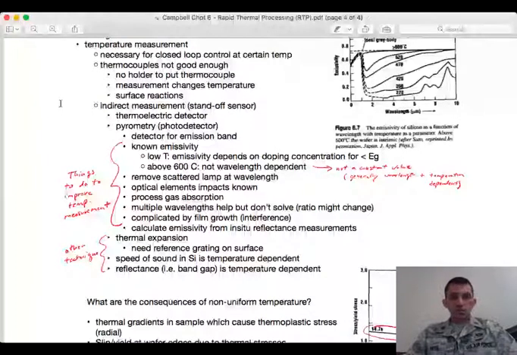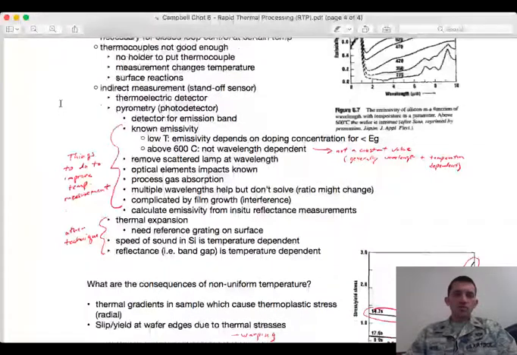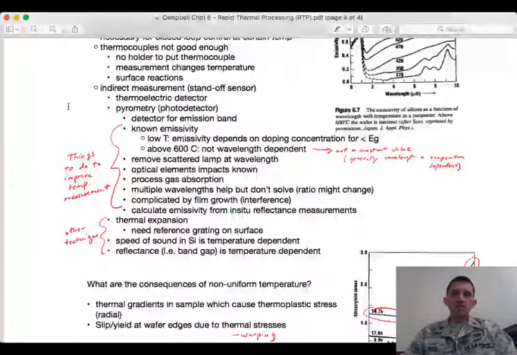So we want some indirect way of measuring the temperature of the surface, and there's a couple different detectors that can be used to do this. Essentially what they're going to be doing is absorbing some of that radiation that's being emitted from the wafer and producing some sort of a change in that detector that is then correlated to the surface temperature.